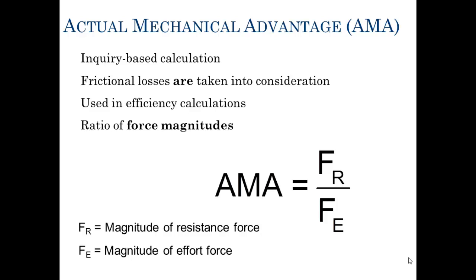So these would actually be measured numbers, and we use these in efficiency calculations. If we are not assuming an ideal situation, the ideal mechanical advantage and the actual mechanical advantage will not be identical. The actual mechanical advantage would be less, right? Because there is friction, there is wind resistance, there are inefficiencies in our world, right?